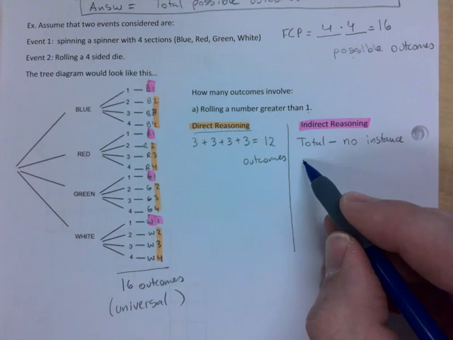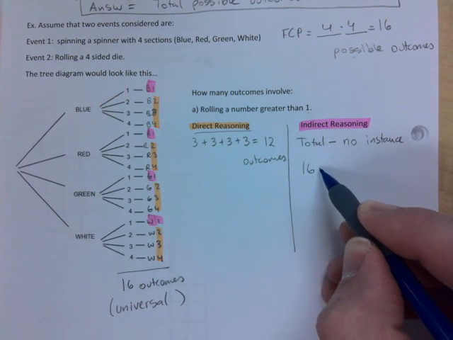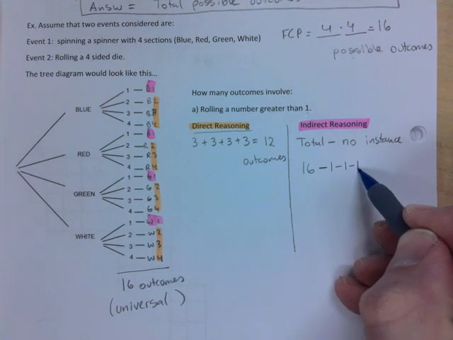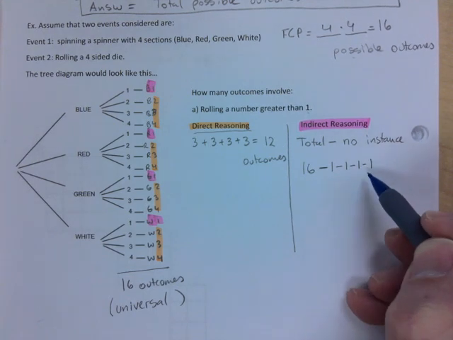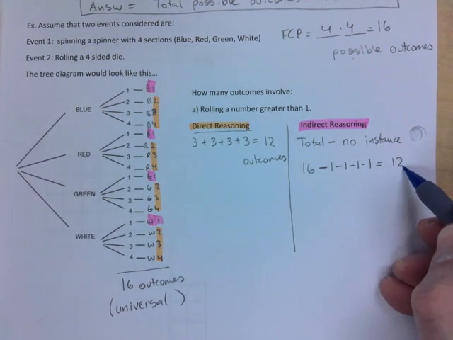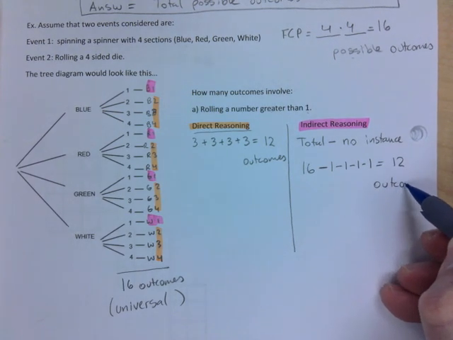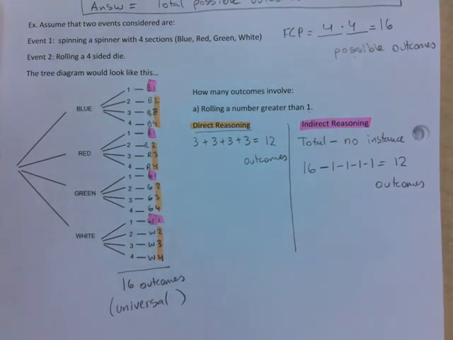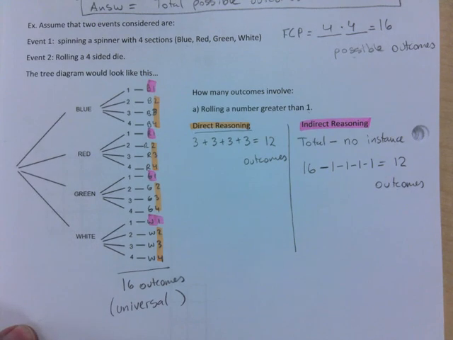It's up to you. So the total possible outcomes is 16 minus, we've got 1, 2, 3, 4 instances, and they're all here. And still you get 12 outcomes. So regardless of how you approach it, that's how it's done. Okay, that's basically for this page. Let's go on to the next one. You can always pause this and keep copying.